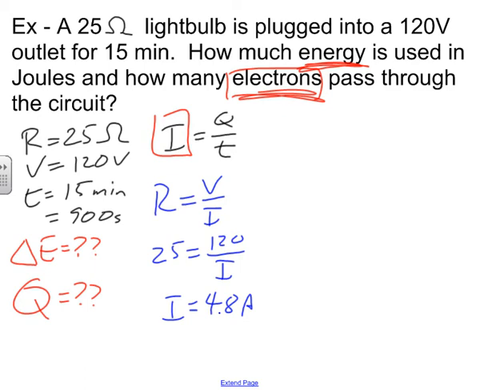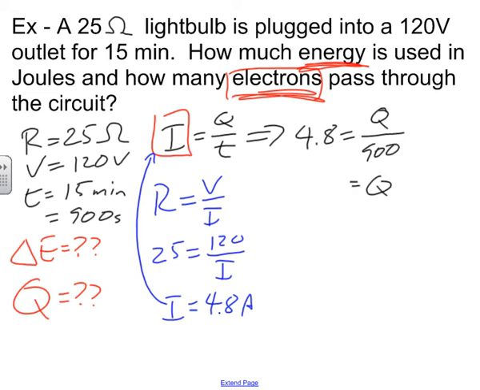Now, if we've got 4.8 amps, we now can work through this equation. Let's plug it in. 4.8 is equal to Q over 900. Therefore, Q is equal to 4320 coulombs. We've now answered the number of electrons.